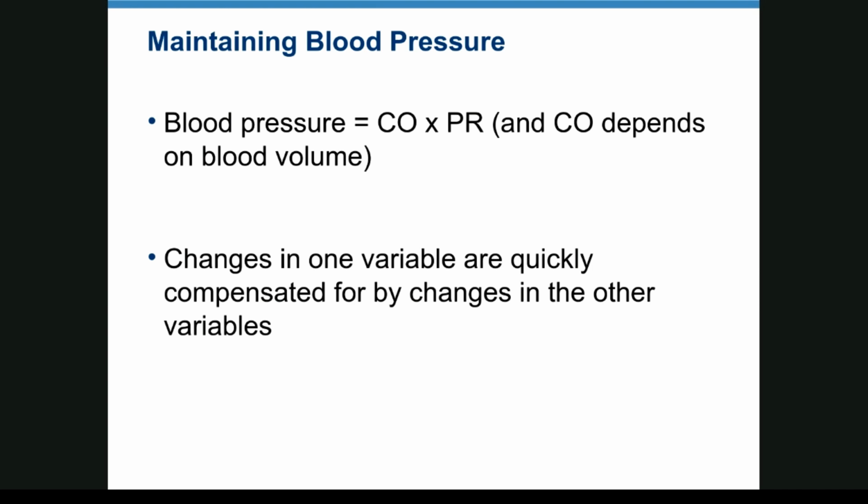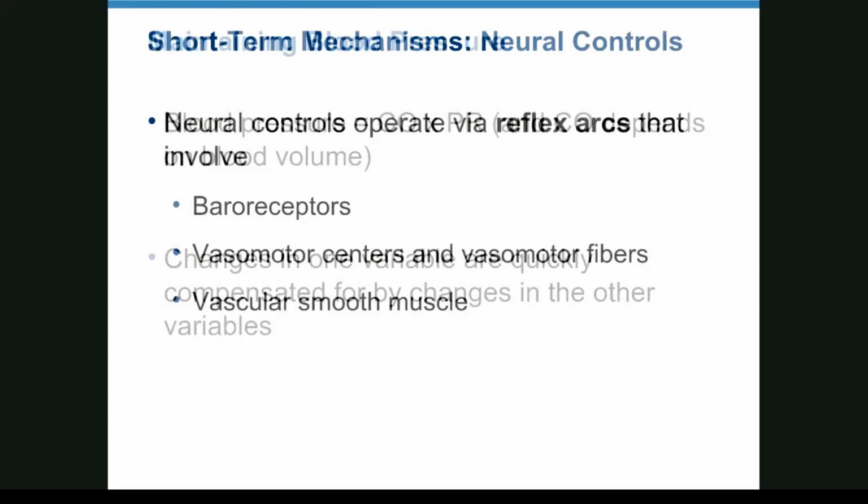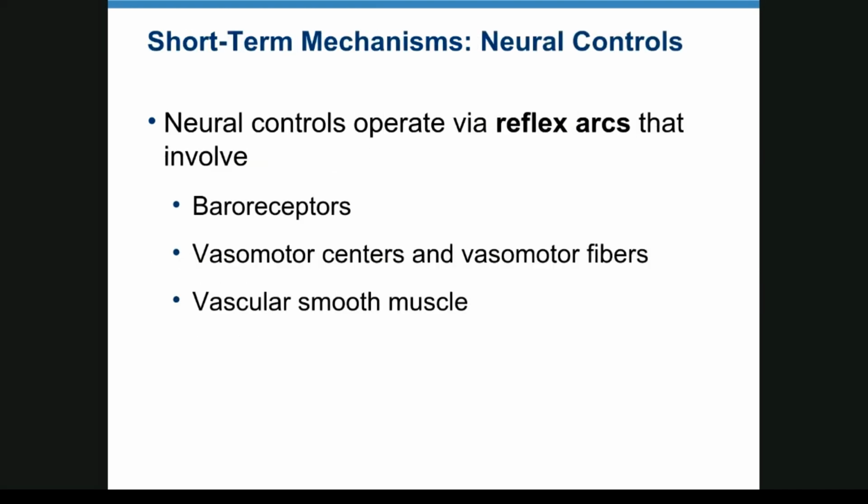Now, how do we take care of controlling this? Control mechanisms. First off, the nervous system. We have reflex arcs. A baroreceptor is a pressure receptor. It sends messages to vasomotor centers in the brain, the medulla oblongata, and you have vasomotor fibers that respond and affect the vascular smooth muscle.